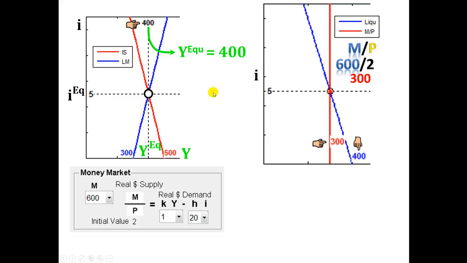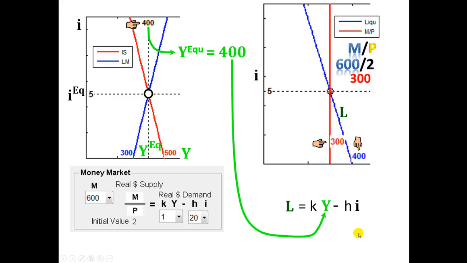So we already know that income in equilibrium is 400. So if we use the L curve, liquidity or real money demand, we know that Y in equilibrium is 400.